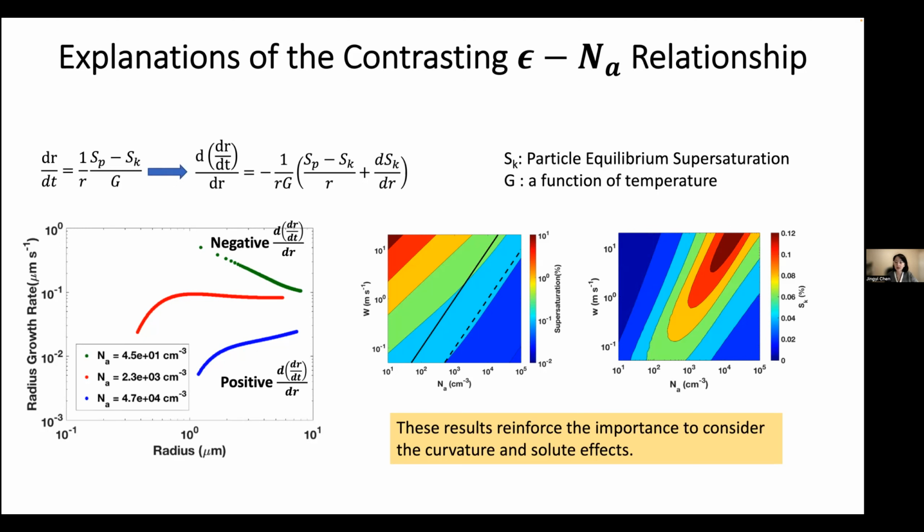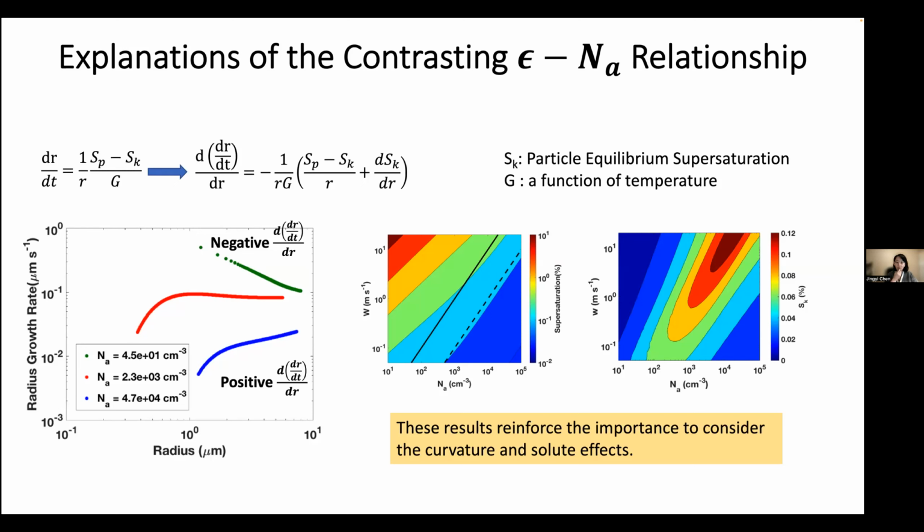In many current model calculations, the droplet equivalent supersaturation is ignored. So the dSK/dR is assumed to be zero. This would cause uncertainties for the simulations when the cases occur in the updraft limited regime.